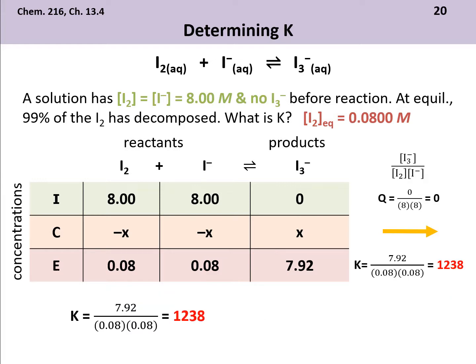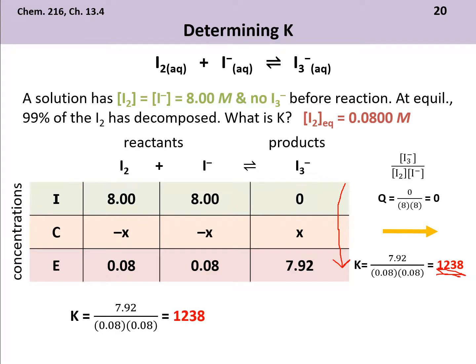All right? And that's going to get me a K of 1238. Okay? All right, so what did I do? Right? I used my information to go from I to C to E.